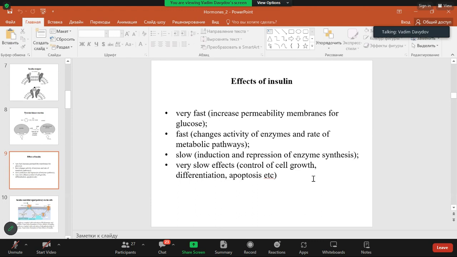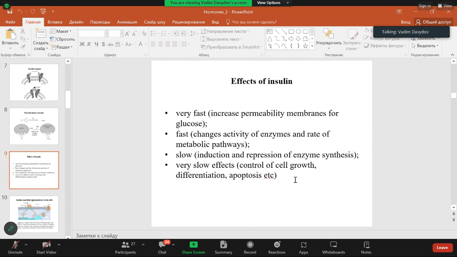And there exists also one more typical effect of insulin, very slow effects, the so-called growth effects. These effects appear usually after a day or even some days, and are coupled with change of control of growth of cell, differentiation, apoptosis, and so forth.